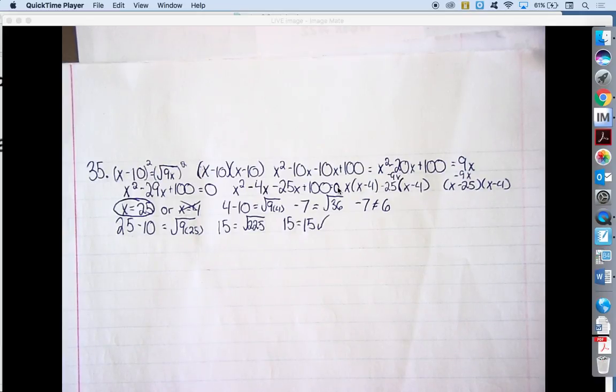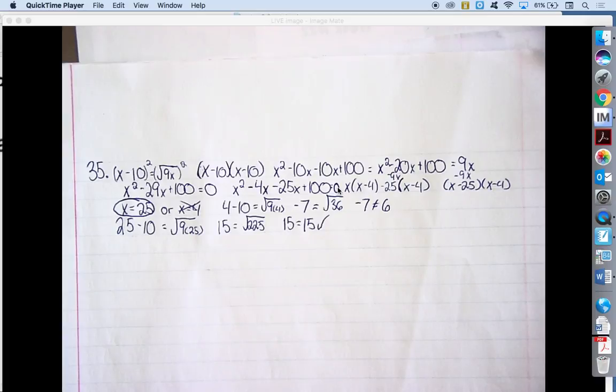All right, ladies and gentlemen, if you'll give Brandon your attention, please. So 35 was x minus 10 equals the square root of 9x. So you have to get rid of the square root, so you square both sides.